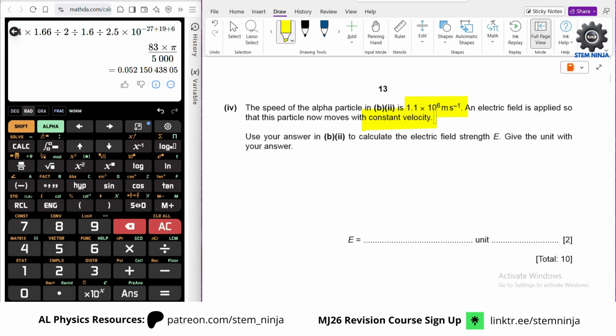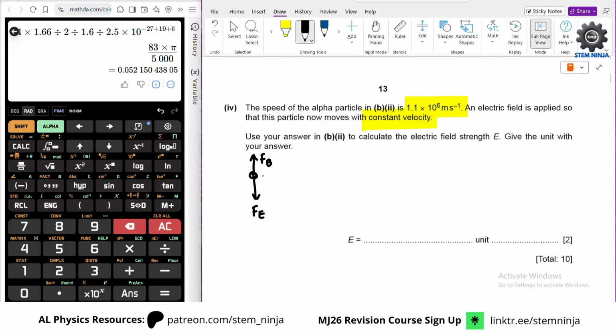Use your answer in B2 to calculate the electric field strength. So basically, if it's moving with a constant velocity, that would mean that the force due to the magnetic field is balanced by the force due to the electric field.